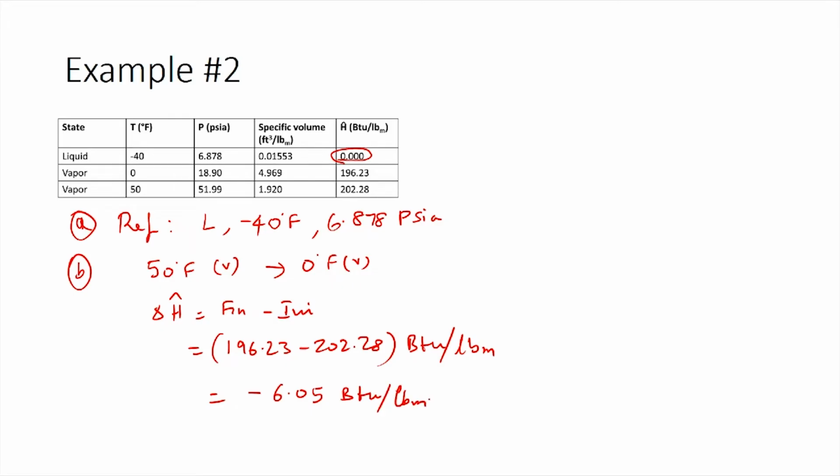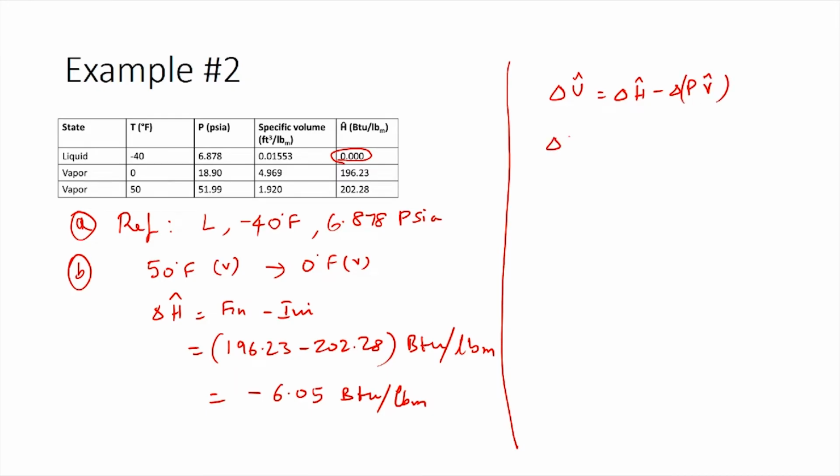So, this is the change in specific enthalpy for the process where the vapor is cooled from 50 degrees Fahrenheit to 0 degrees Fahrenheit. We have also been asked to find the change in specific internal energy. So, this value is not directly available from the table. However, we can calculate it as delta U cap equal to delta H cap minus delta of PV cap.